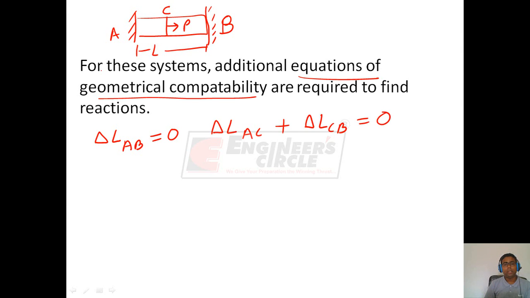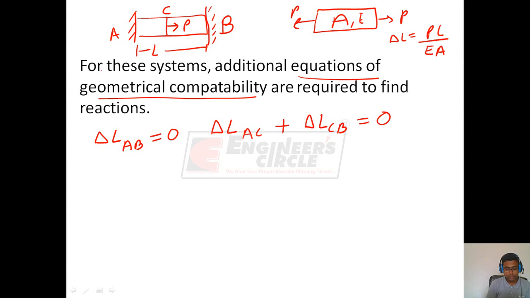Now we have already seen that the elongation in a bar of uniform area which is subjected to load P, with constant area A and constant E, is given by PL by EA. Now consider this bar A, B and here section C where load P will be acting.